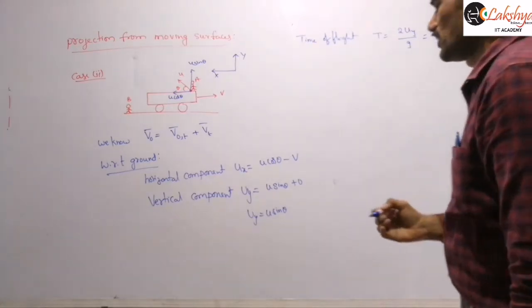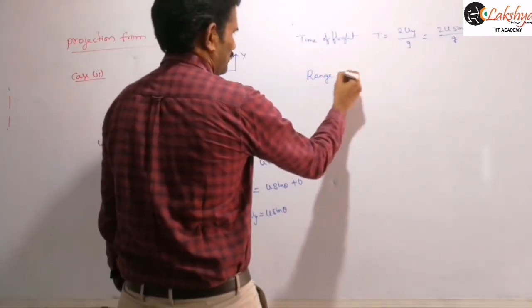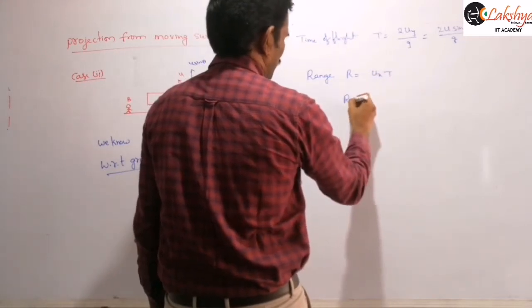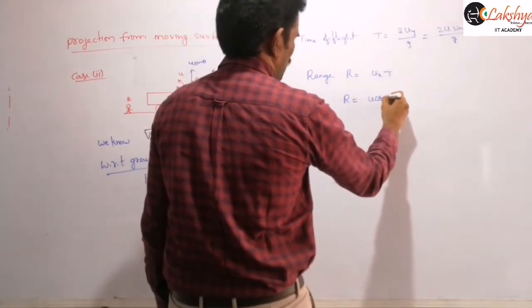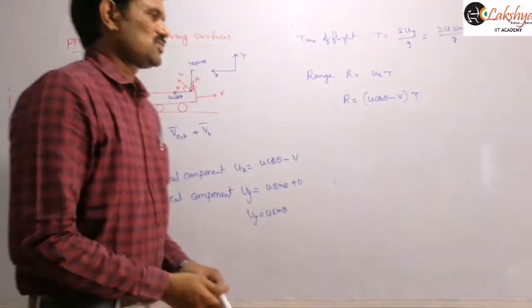And next you can write the range, that is ux into t, ux is nothing but u cos theta minus v, into t. So that is the range.